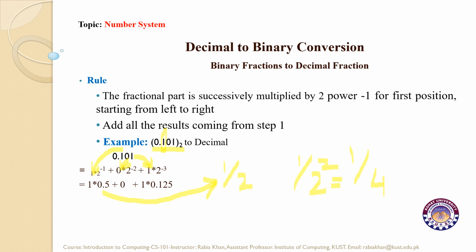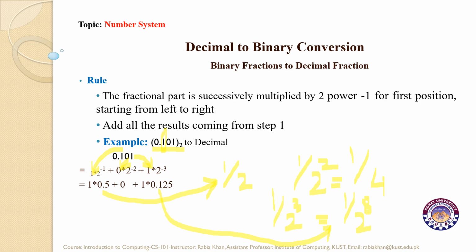1 by 2 raised to power -3 is actually 1 by 2 raised to power 3, which is ultimately equivalent to 1 by 8. And 1 by 8 is equal to 0.125.